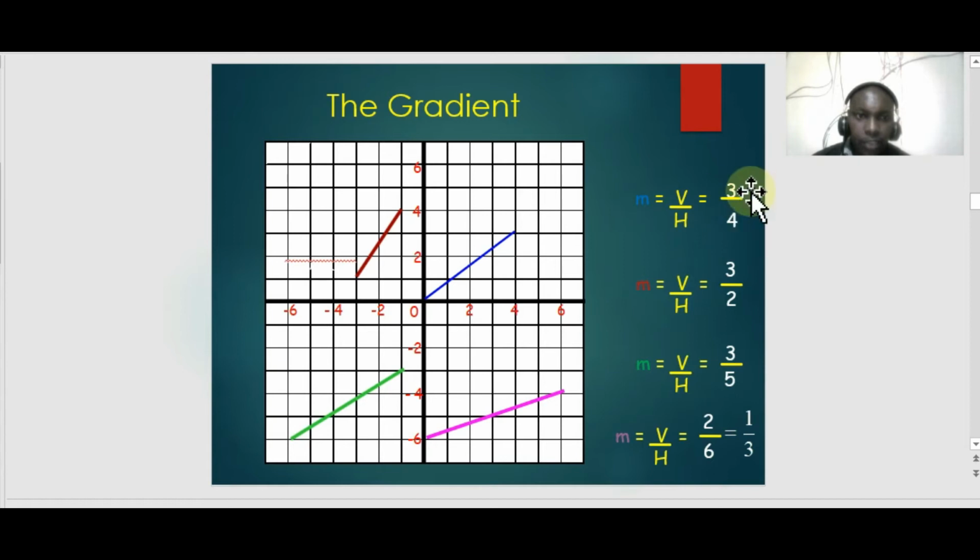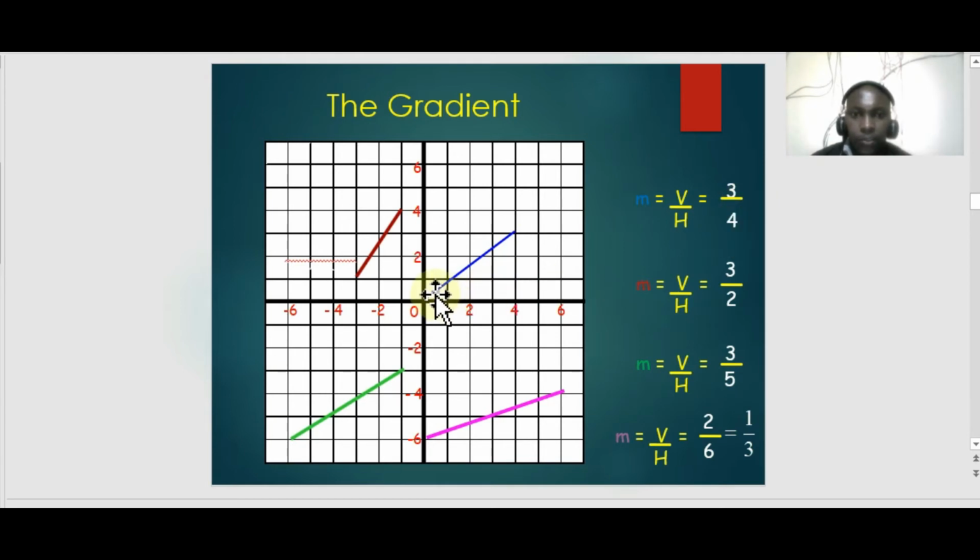How do we get this 3 over 4? We look at the vertical distance. As you can see, there are 3 squares. This is where the line meets the x-axis. So you go up how many? These are 3 squares. 1, 2, 3. That is the change in the vertical distance divided by the change in the horizontal distance.